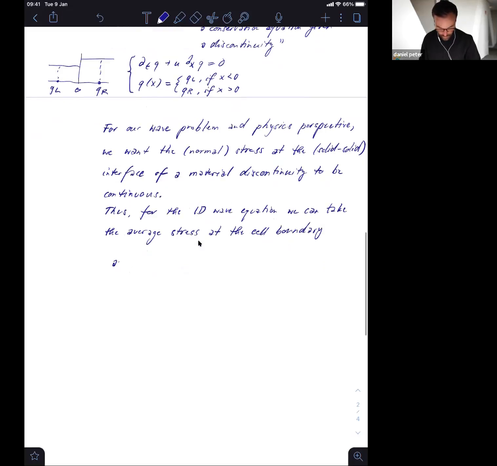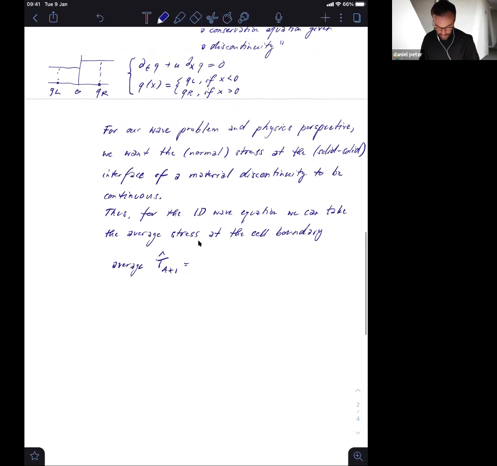So the average T at a+1, put it with a hat, would be the average of the stresses from the left and right-hand side. So we have the stress from the left side plus the stress from the right side. And then we just take the average of these two stresses.